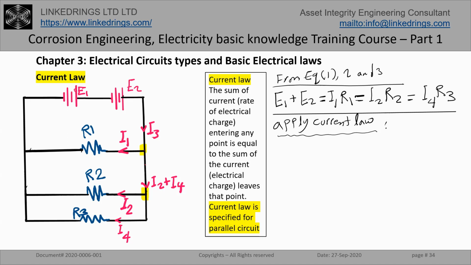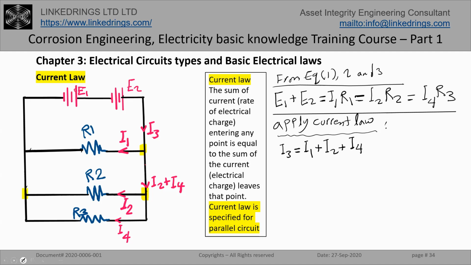Let's apply the current law also. This point has current I3 entering, and currents leaving are I1 and I2 plus I4. So the current entering equals the current leaving. Current entering is I3, and current leaving equals I1 plus I2 plus I4.